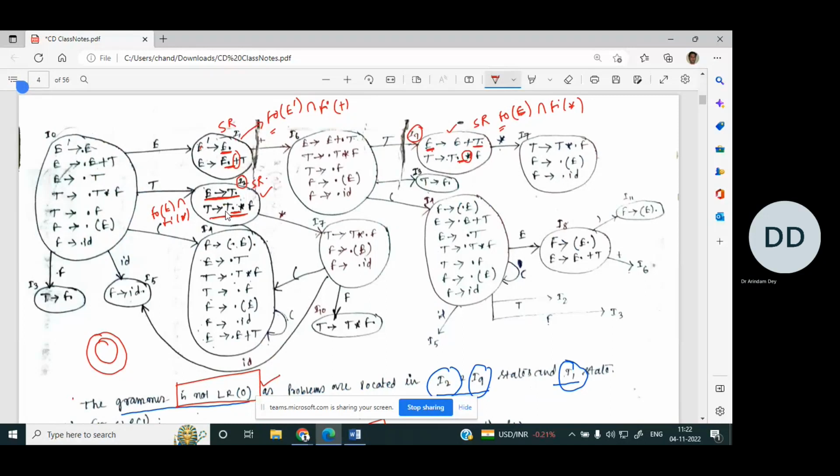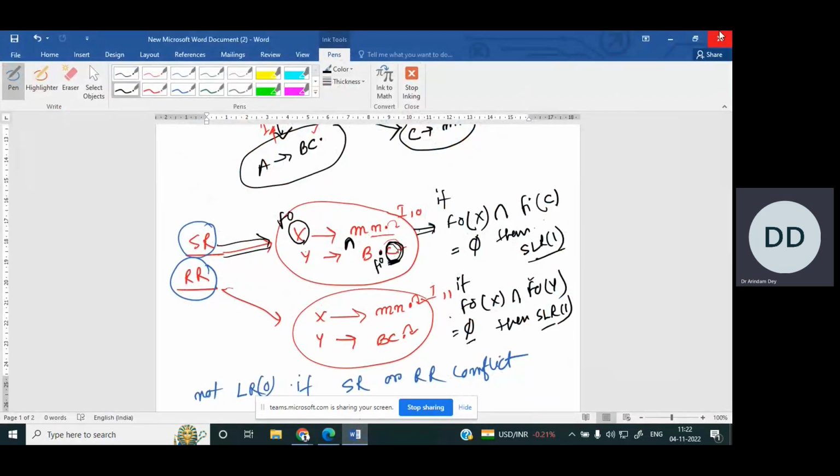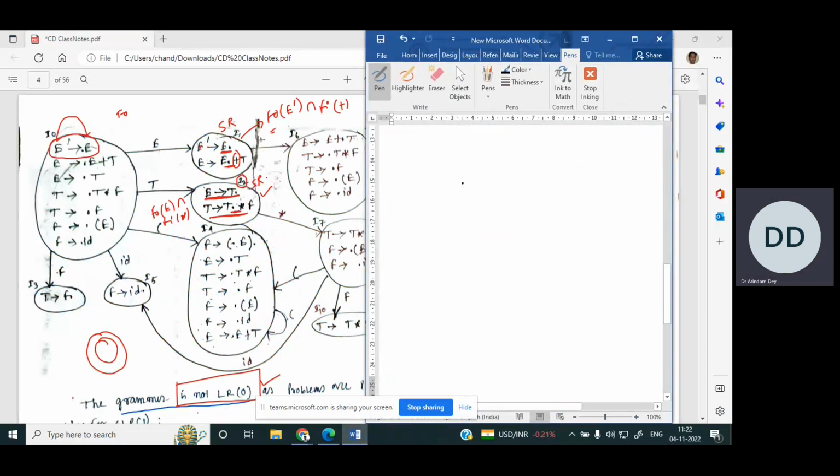Here, you know that follow of E dash will be in follow of E. Let me take a page so that it will be clear before you. We have to find out the follow, this is our objective.